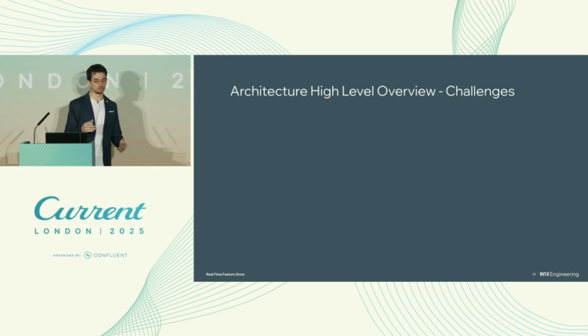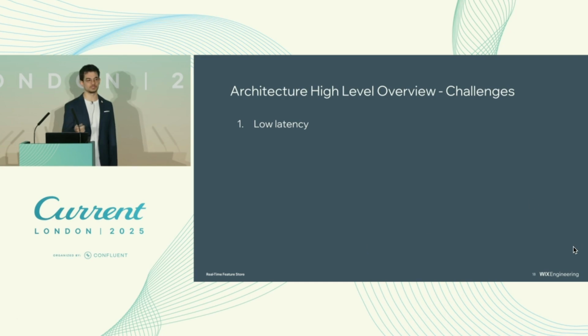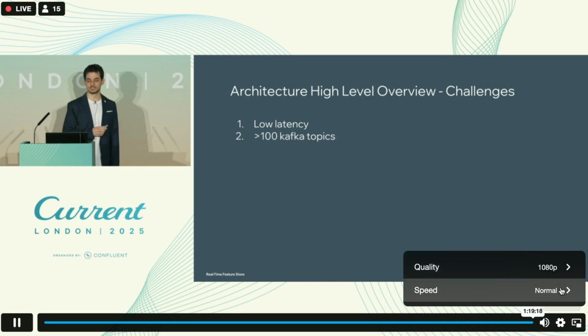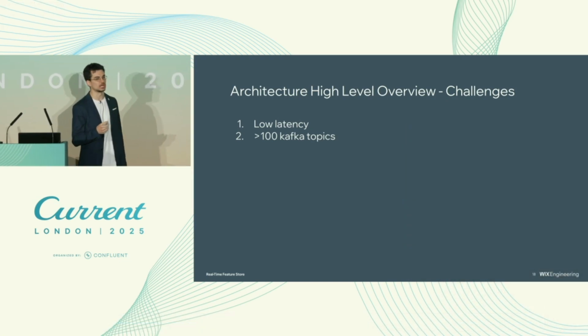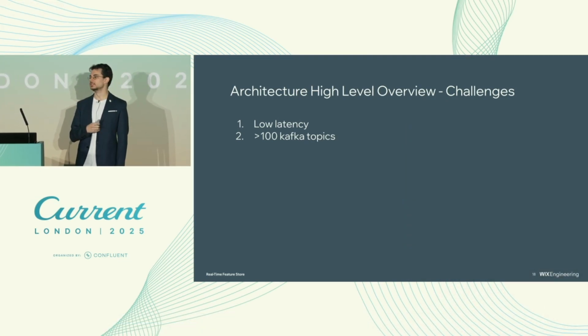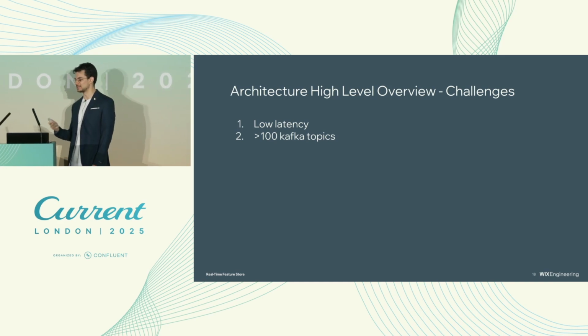Now I want to walk over the main challenges that we saw so far. First of all, low latency, right? Pretty obvious, both reads and writes. Second, more than 100 Kafka topics. We're consuming from about 150 Kafka topics. Every Kafka topic is a different data source.